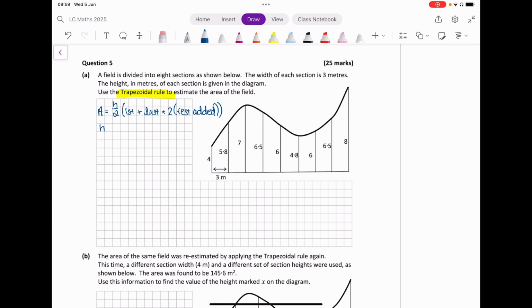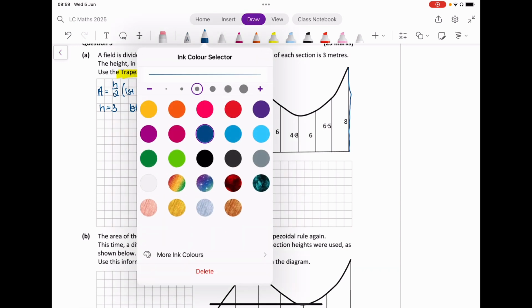Okay, so h in this case is the interval in between the two of them, so we know that's going to be 3 meters. And then our first is 4, and our last is 8. So here's my first 4, and this here is my last 8. Okay, so I just sub into my formula then.